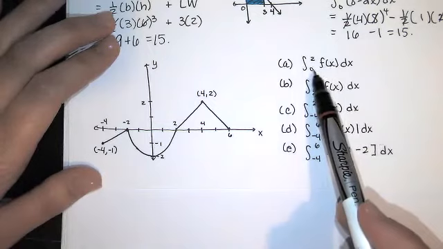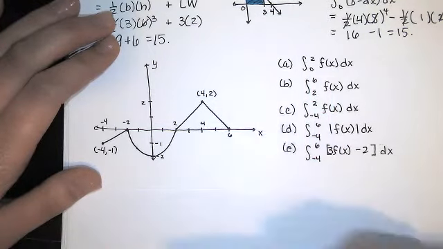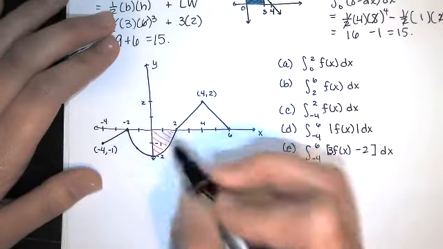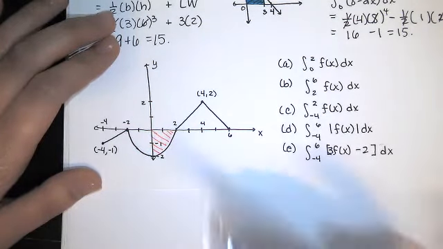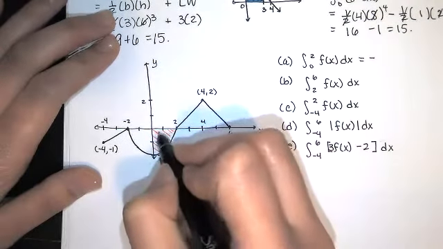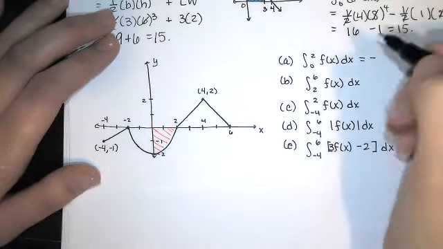Okay, so I've got the integral from 0 to 2 of f of x dx, and this is the curve f of x. So I want that area, but since it's below the x-axis, it has to be counted as negative. So we'll have a negative value, and it's 1/4 of a circle.